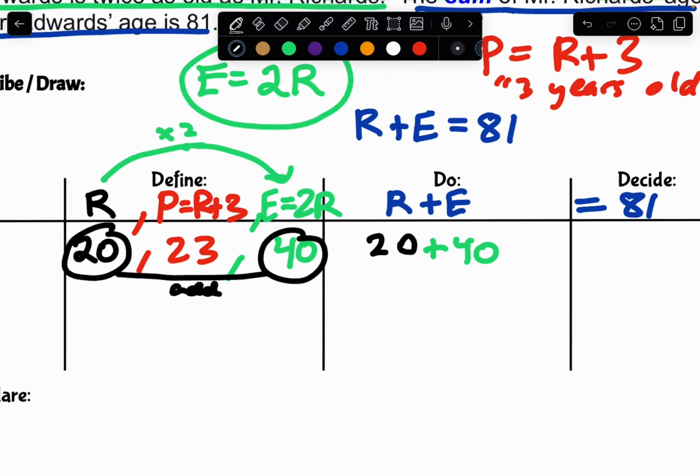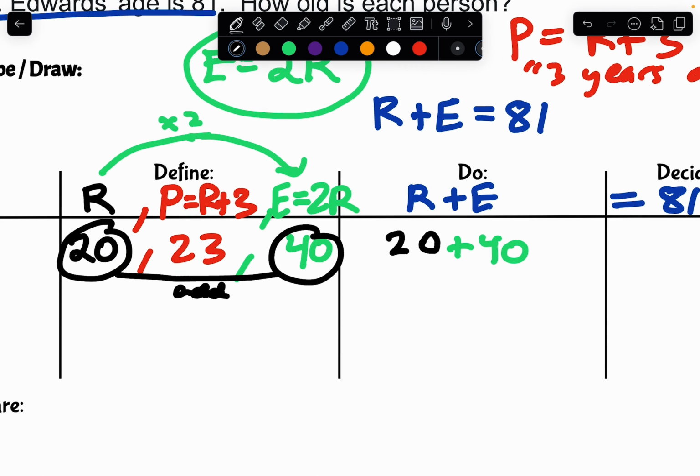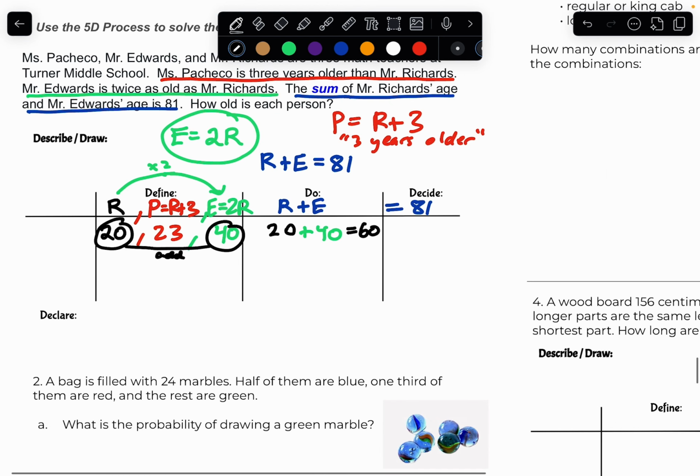Add. 20 plus 40 gives us 60. 60 is too small. I always recommend to put a sad face if it's too small, or a sad face if it's too big, but if it's just right, you can put a heart or a happy face.